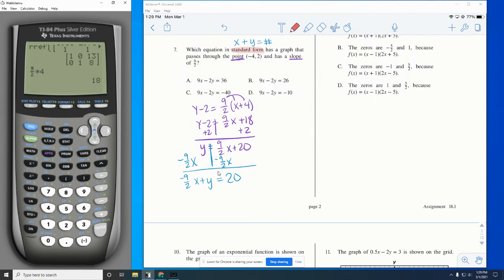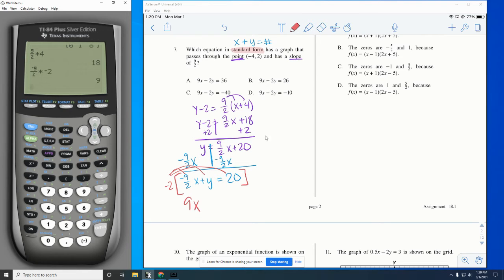And then the last thing is, if you notice, none of these x's have 9/2. They all have 9. So I got to get rid of the negative and the 2. So I'm going to multiply everything by -2. Because in my calculator, if I have -9/2 and I multiply it by -2, I have that 9x, which all of my answer choices are starting from.